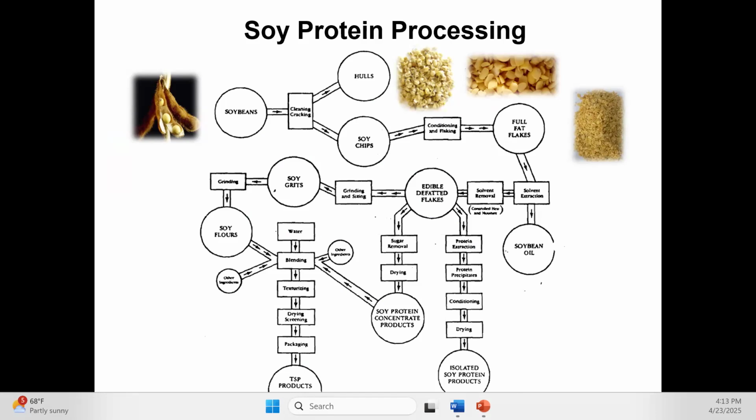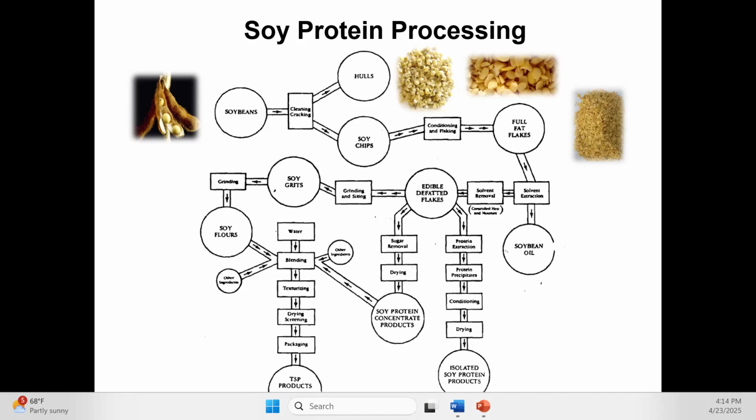We talked about the two different routes of production in the protein extraction lecture. With the concentrate, you remove sugars by alcohol or acid water. You precipitate the protein and the fiber, and you get a concentrate. That goes into texturization, mostly producing texturized soy protein or texturized vegetable protein.